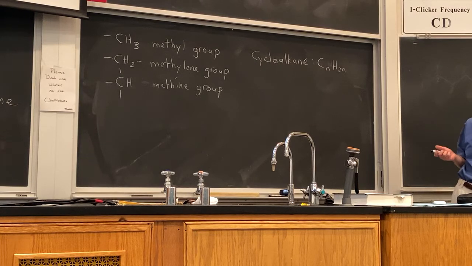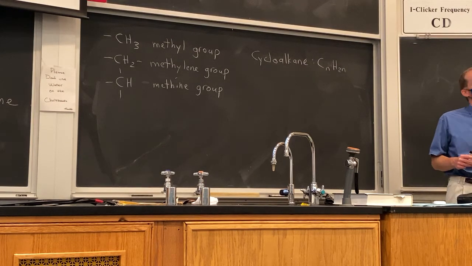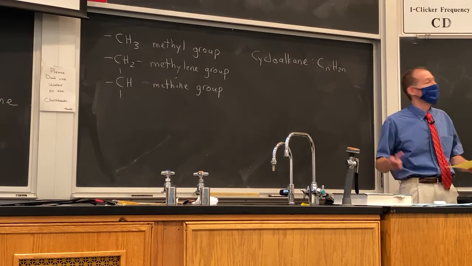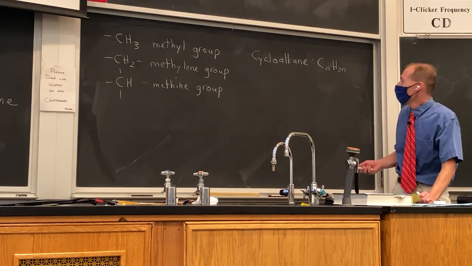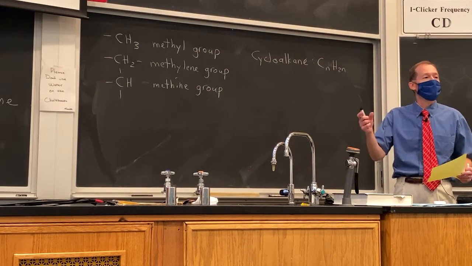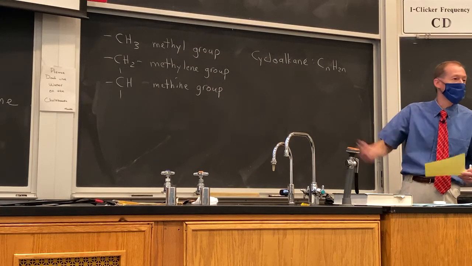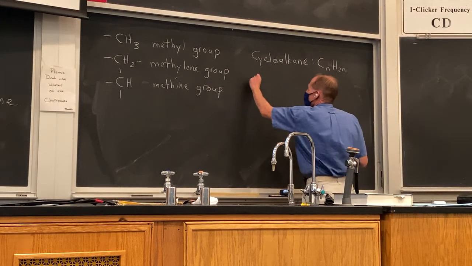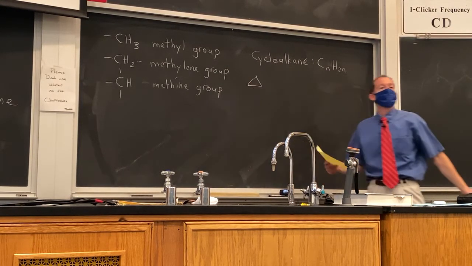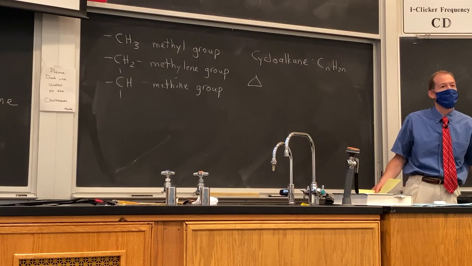So cycloalkanes would be unsaturated, where acyclic alkanes are saturated hydrocarbons. And the way we name cycloalkanes is very simple. We just add the prefix cyclo to the name we get from this table. So what's the name of our smallest cycloalkane?